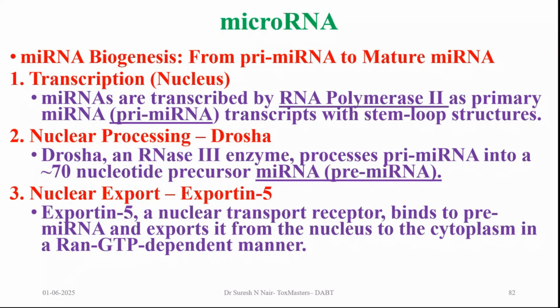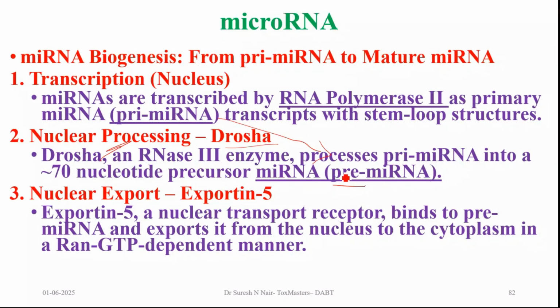So these two are different. The primary miRNA is converted to the pre-miRNA by the help of the enzyme DROSHA. This happens within the nucleus.